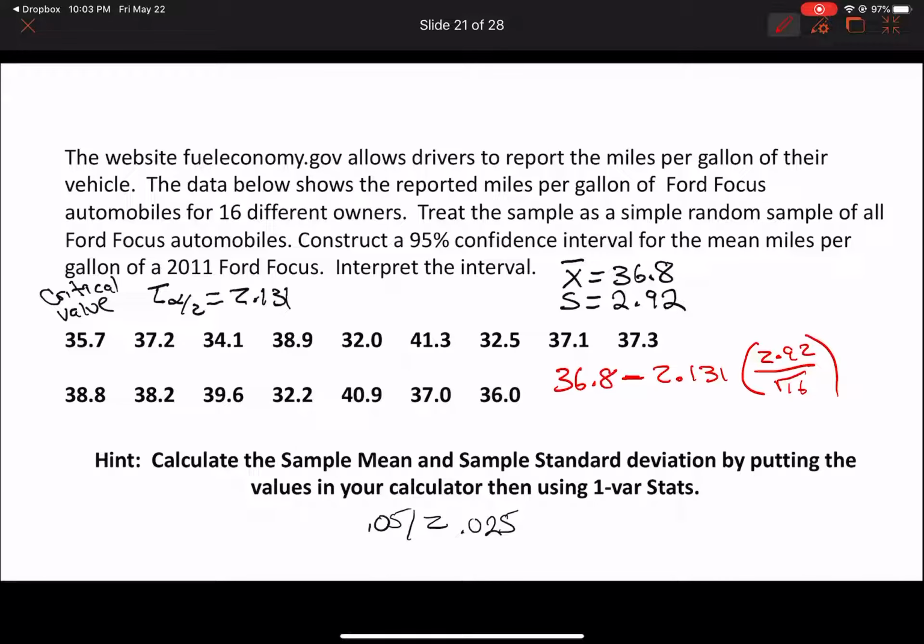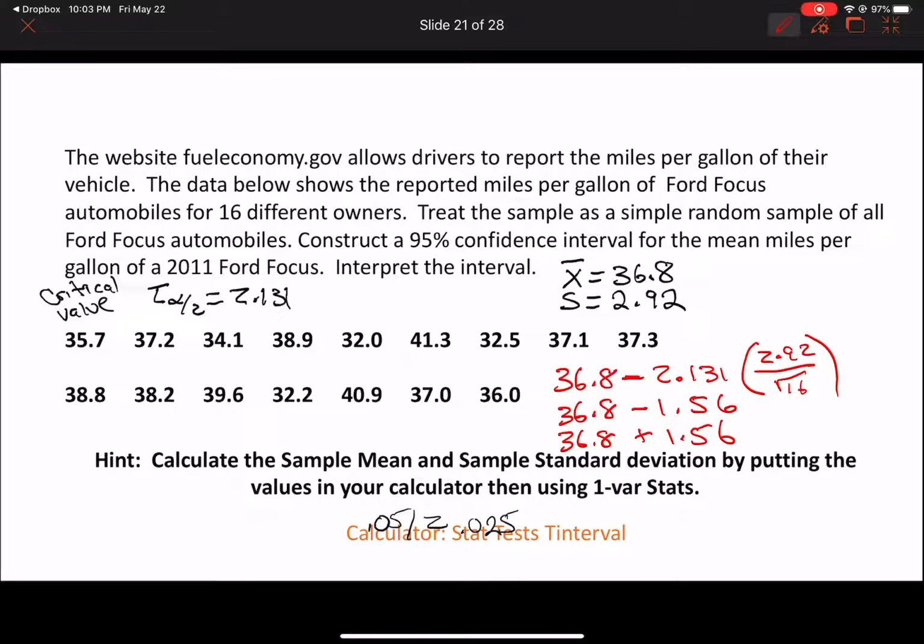Let's calculate that margin of error first. 2.131 times 2.92 divided by square root 16, which is 4. So I got 36.8 minus 1.56 and 36.8 plus 1.56.